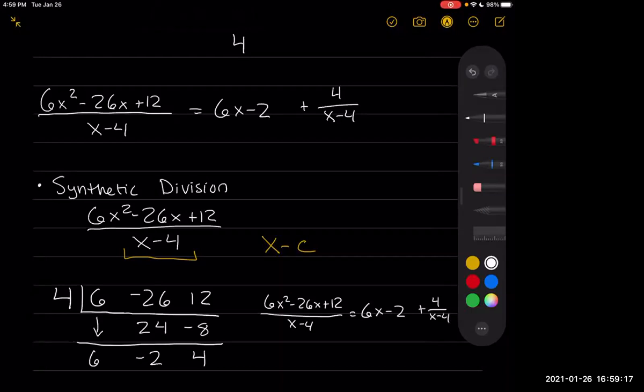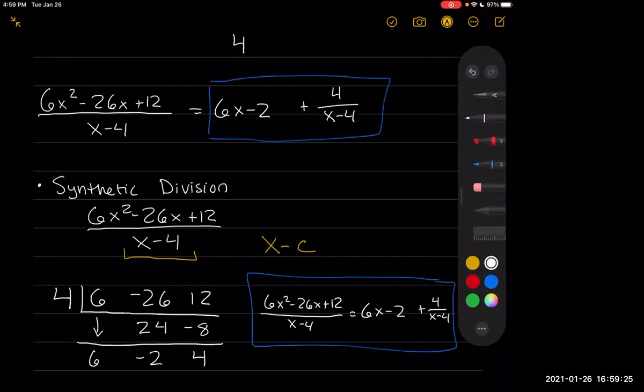And you can see that this matches what we got up here. And it should always match if you do synthetic versus long. And we can only do synthetic when we have this x minus c in the denominator. If you have an x squared minus something or any other power of x, we cannot use synthetic.